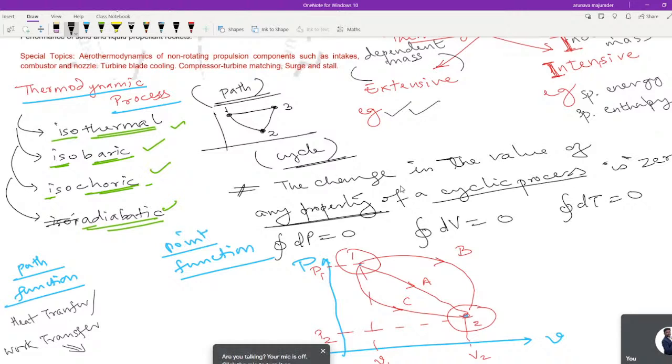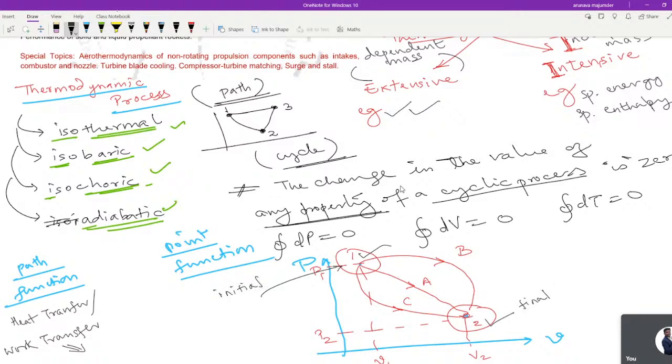But a point function is independent of the path. It focuses only on the final destination and the initial destination. So let's take an example where state one is the initial state and state two is our final state, right?